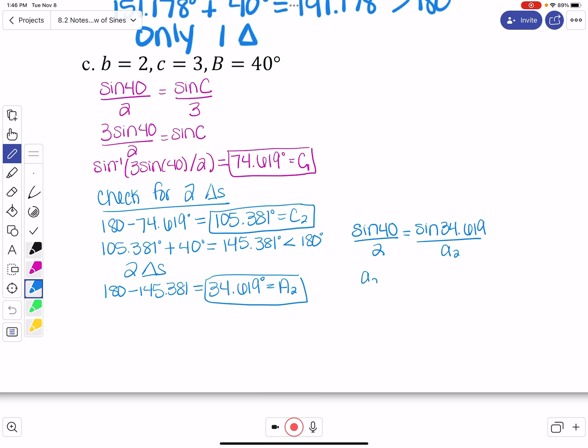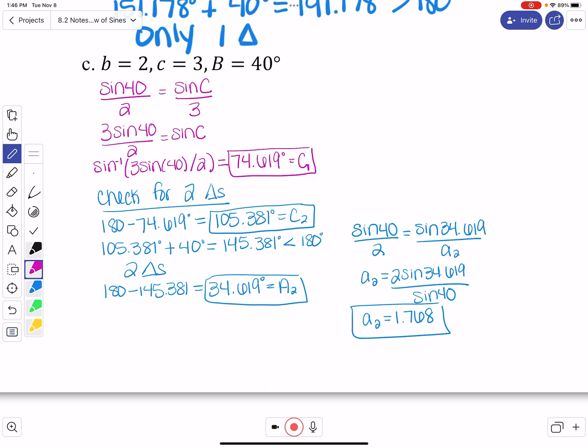And so A2 is going to equal 2 times sine of 34.619 divided by sine of 40. All right, and when I type that in, A2 is going to equal 1.768. So there's my information for my second triangle.